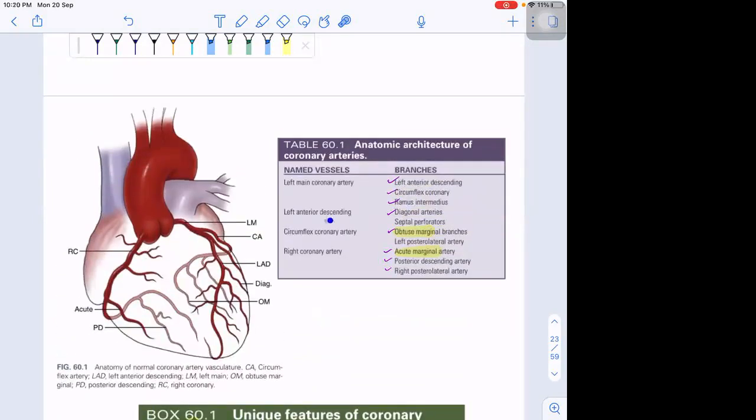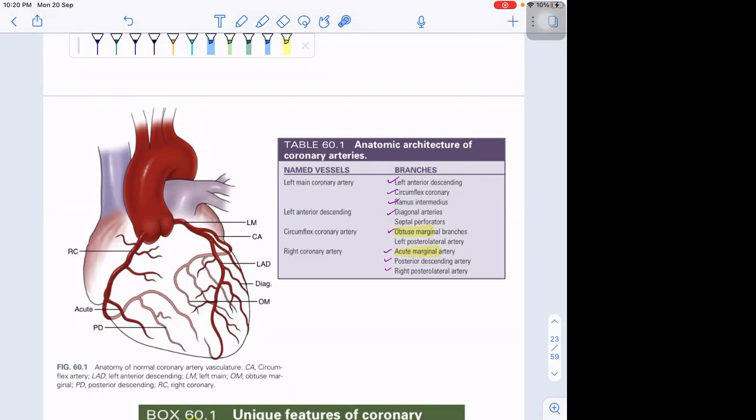The left anterior descending, LAD, gives the diagonal arteries and septal perforators. The circumflex artery is divided into the obtuse marginal and the left posterolateral. The right coronary artery gives the acute marginal arteries, the posterior descending, and the right posterolateral.